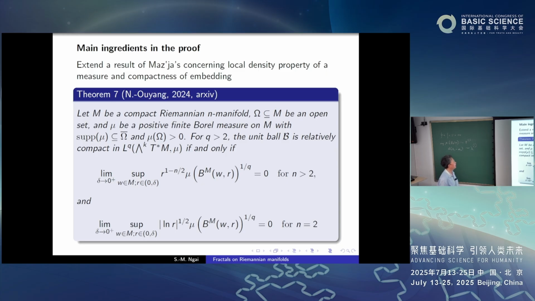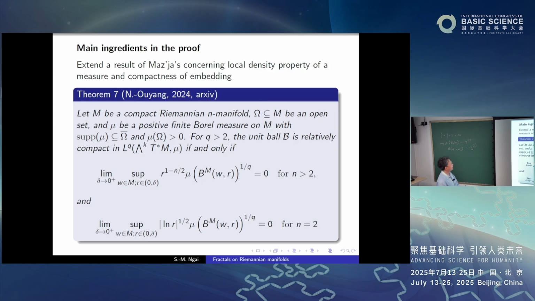So the main ingredients of the proof: how to prove that there exists an orthonormal basis of eigenfunctions. Just like in Rn, we use a result of Maz'ya, but his result is for Rn only. So we need to generalize his result to Riemannian manifolds.